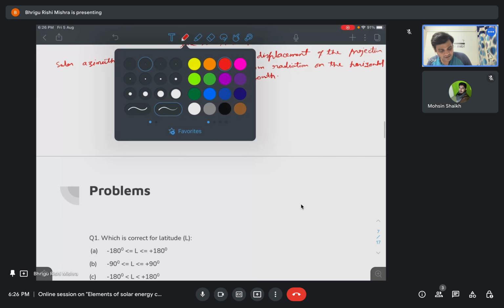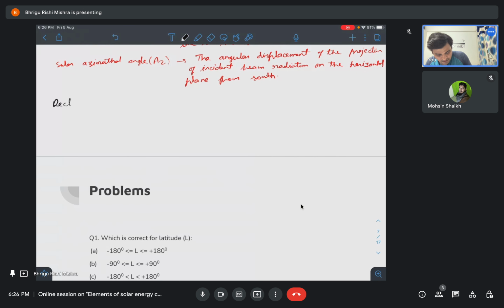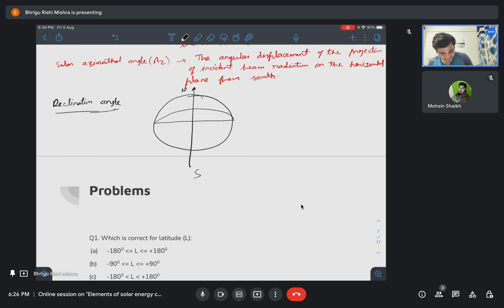The other angle is the declination angle. Declination angle is the angular position of the sun at solar noon, when the sun is at the top of the head, with respect to the plane of the equator. Suppose this is the north south line, and this is the equatorial plane.